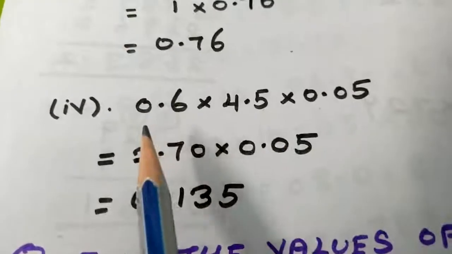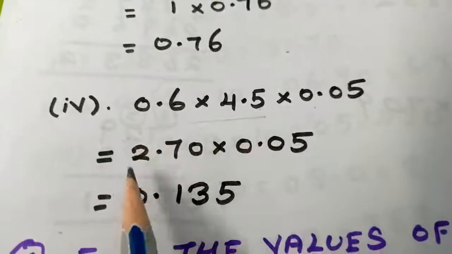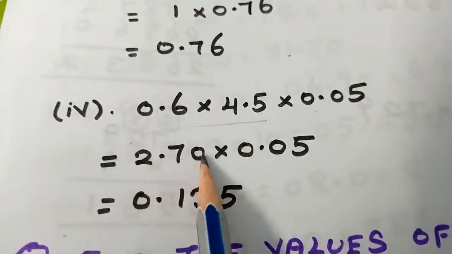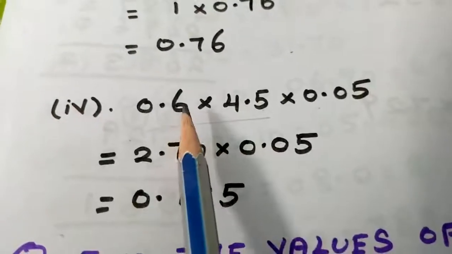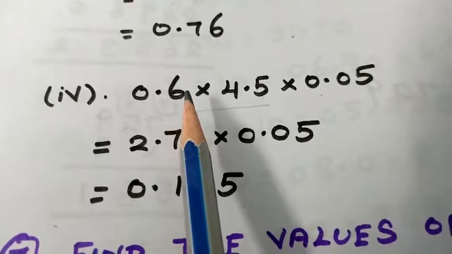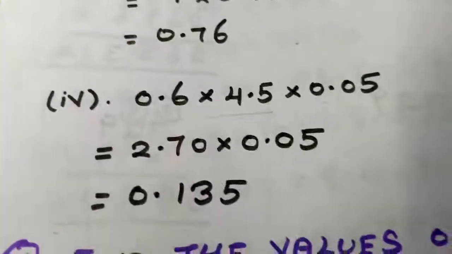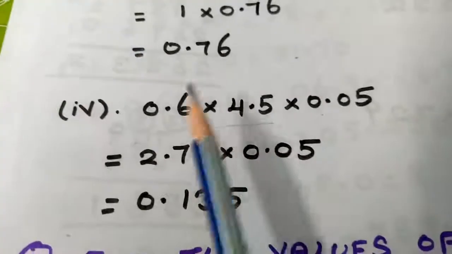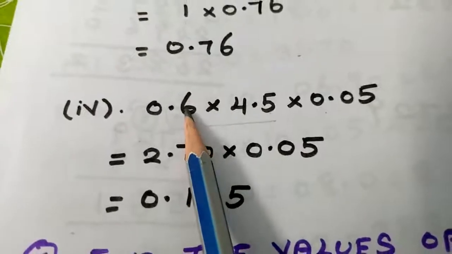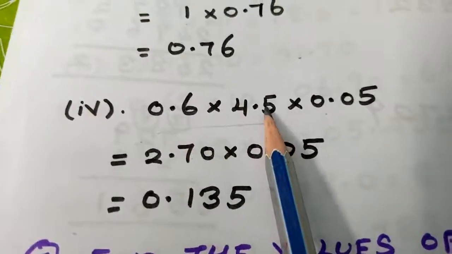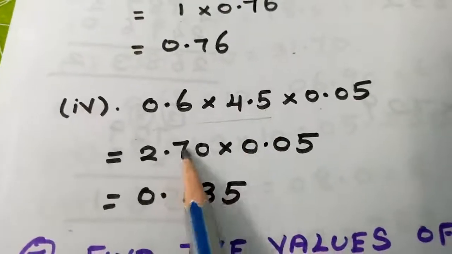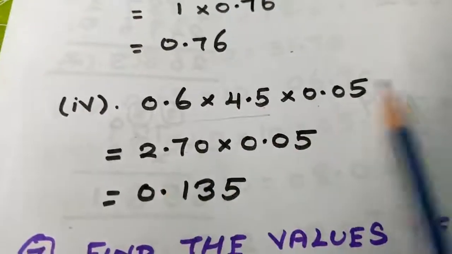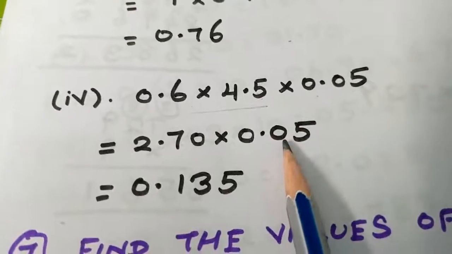So I am just taking the first 2 values, multiply, you will get the answer as 270. Count the number of digits after the decimal point. That is, you have 1 after the decimal point, and here also 1, and totally you have 2 digits, that is 1, 2. After 2 digits you are going to keep the decimal point, and the remaining number you are going to write it here, students.